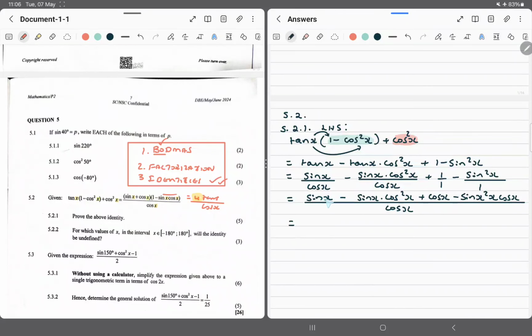Now we can see we want to factorize by grouping. Now we need to be smart in our grouping because we want that numerator to come out. Now this simply says we can take this term here. We can take that term that has a sine squared and group it with sine x.